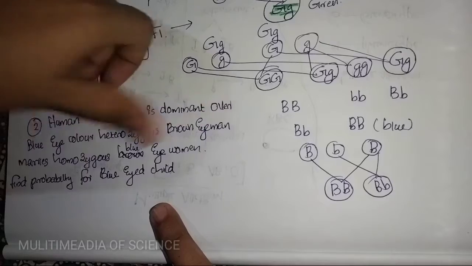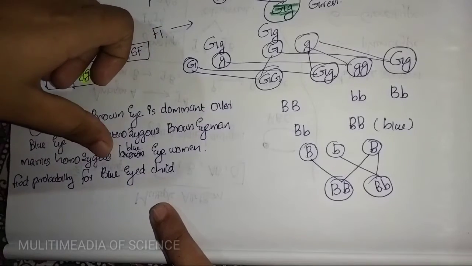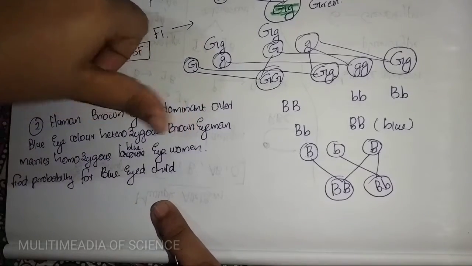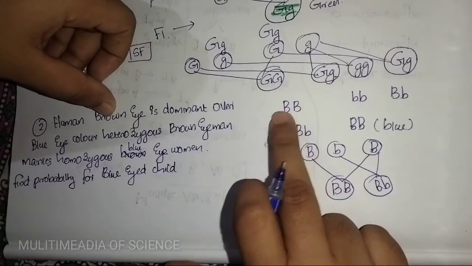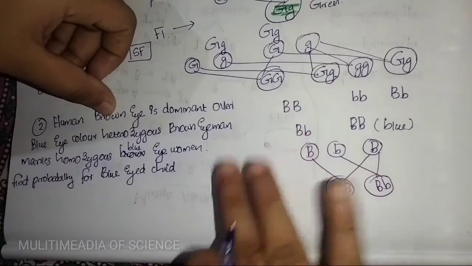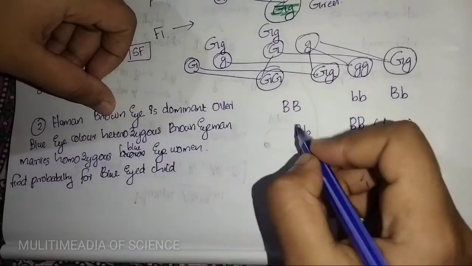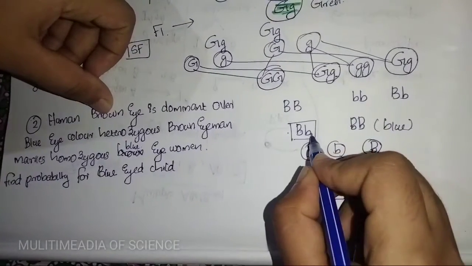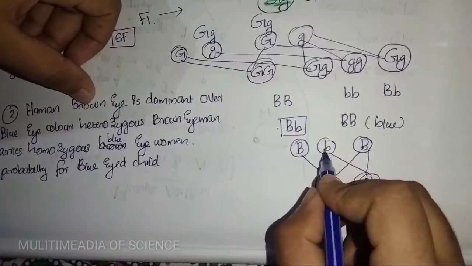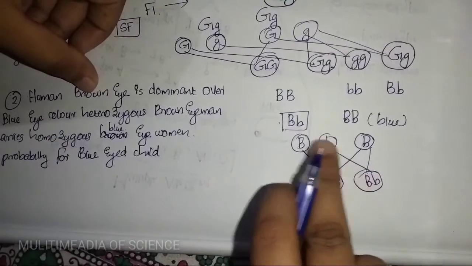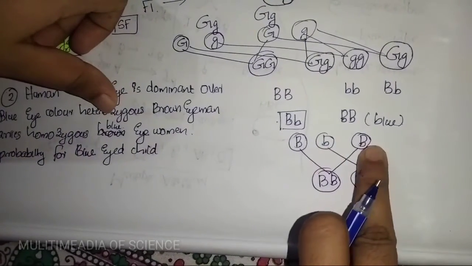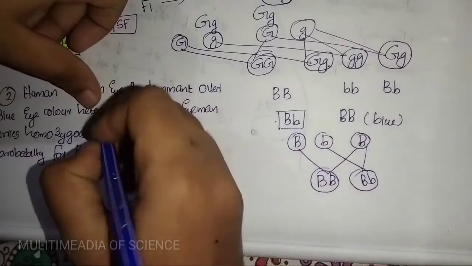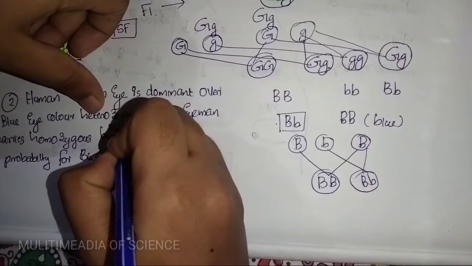Our next question is, the human brown eye is dominant over the blue eye color and a heterozygous brown eye man marries a homozygous blue eye woman. Okay, so human brown eye is dominant over the blue eye, which indicates brown eye is dominant over this blue eye. So two gametes are possible. Then he marries who? The blue-eyed woman. Sorry, brown-eyed woman.